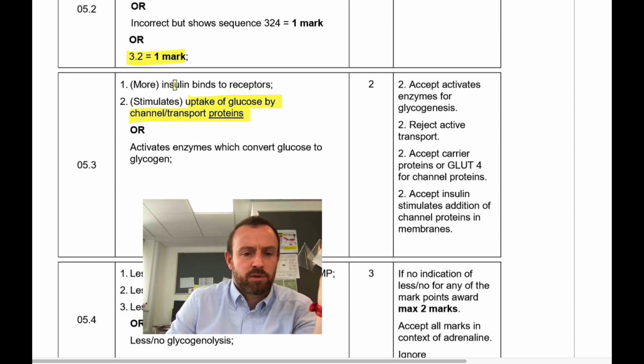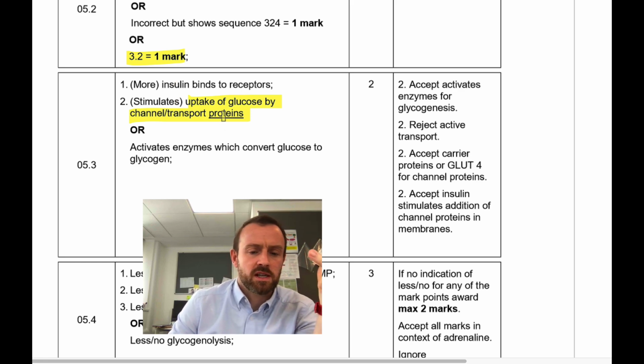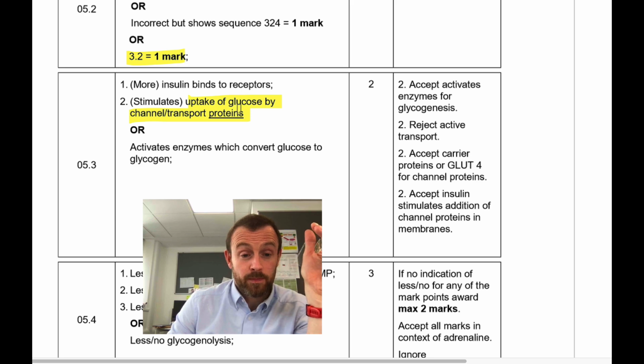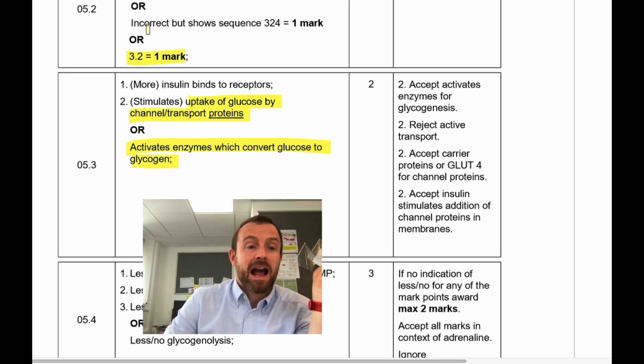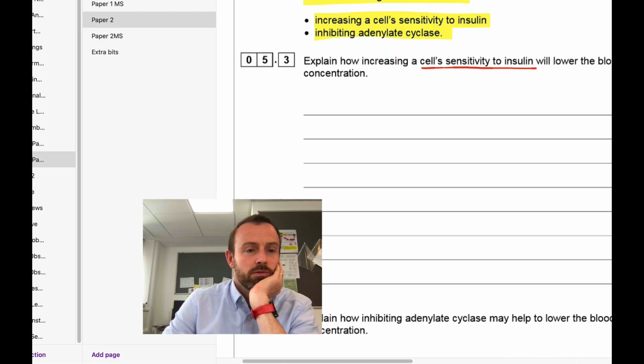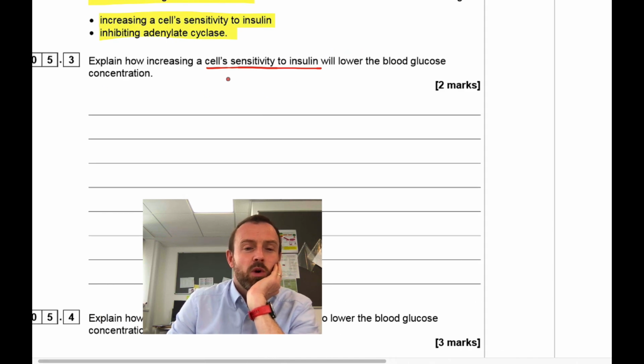So insulin binds to receptors which then causes the addition of channel or transport proteins into the membrane, and it also activates enzymes which convert glucose to glycogen. So this is really just how insulin works. I'm slightly intrigued that this question just wanted you to say how insulin works and nothing about sensitivity to insulin.